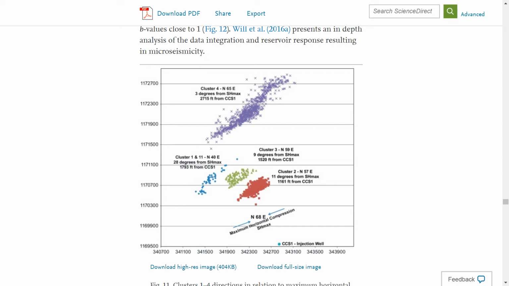So notice how those microseismicity points show up there. They basically align along the strike of the fault. And what we are seeing over here is, again, the strike of those faults. Those points allow you to see the strike. And if this is the maximum horizontal stress, this one has to be the minimum because it's perpendicular to that.